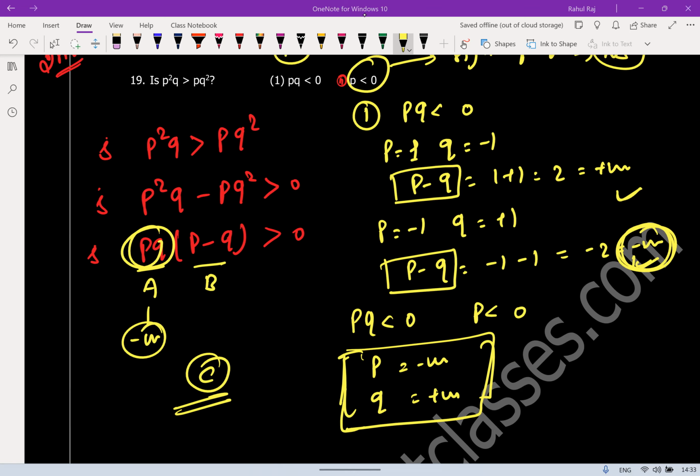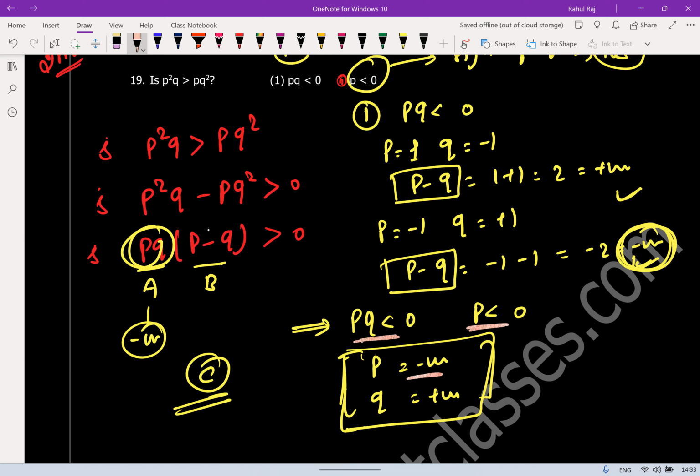Yes, it's clear. Perfect. Please repeat the last thing you were saying. Yes, so see over here, when you are combining, it says PQ is less than 0 and P is less than 0, right? If I combine these two statements, what do I get?